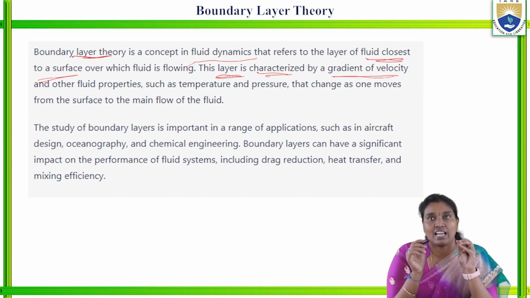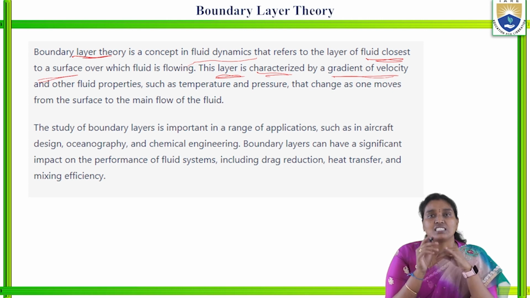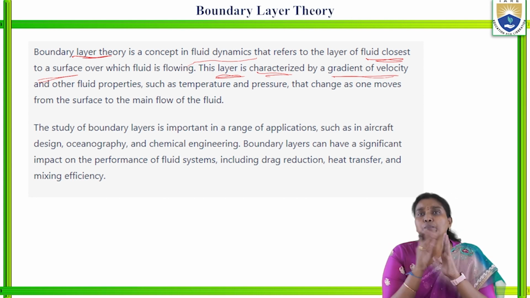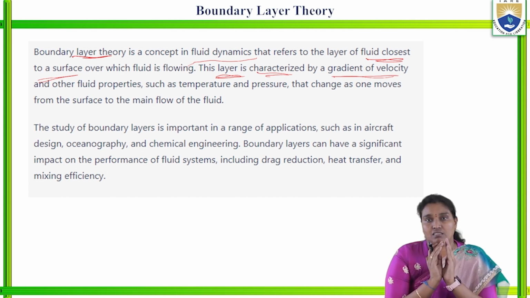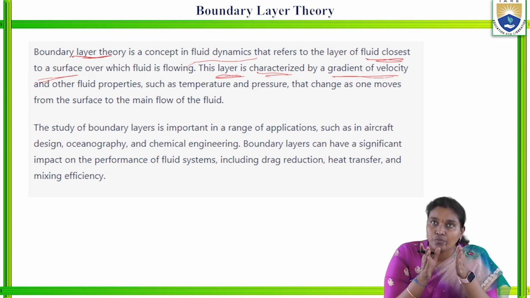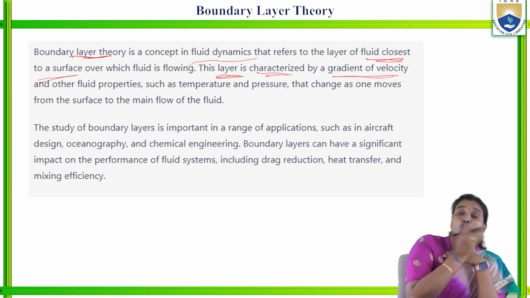The layer is characterized by a gradient of velocity and other fluid properties such as temperature and pressure that change as one moves from the surface to the main flow of the fluid. Sometimes the boat, or whatever the object is, moves opposite to the flowing fluid, and sometimes along the direction of the fluid.